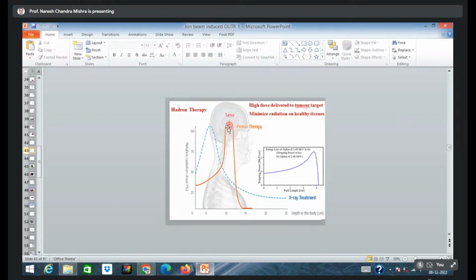But this proton beam can be targeted such that the maximum energy is deposited at the tumor and minimum energy, these orange lines, is deposited elsewhere. So healthy cells are not much affected. Only the tumor cells get all the dose from the radiation, and you destroy the tumor.